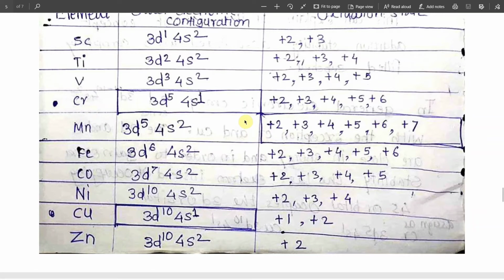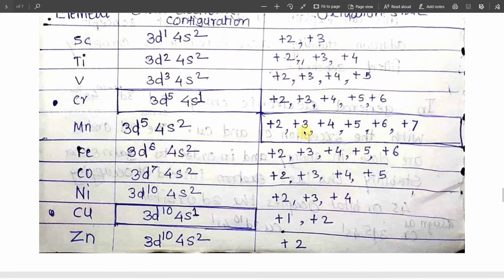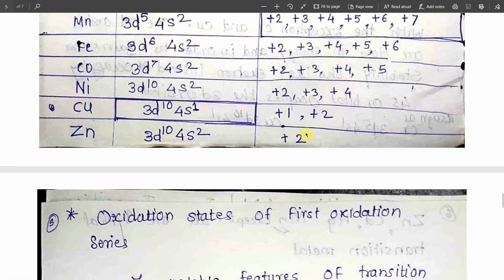It is the element which gives the greatest number of oxidation states, occurring near the middle of the series. For example, manganese shows +2 to +7 oxidation states in the first transition series. That is one case we have to observe.